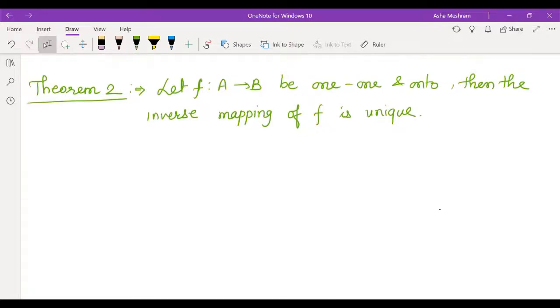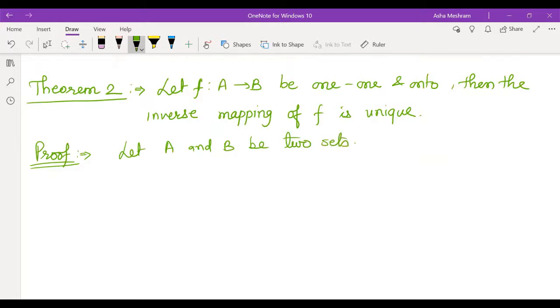So what this theorem is saying, what do we have to prove? Very first we write whatever is given. Let A and B be two sets, and f mapping from A to B is 1-1 and onto.